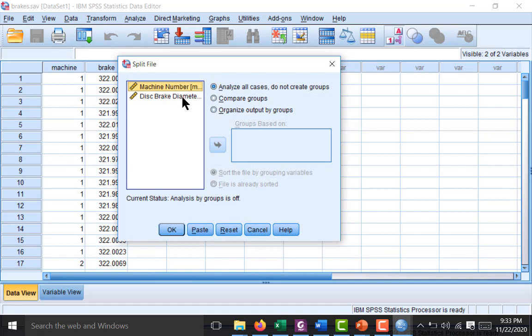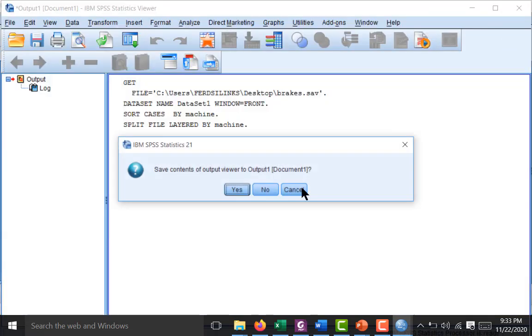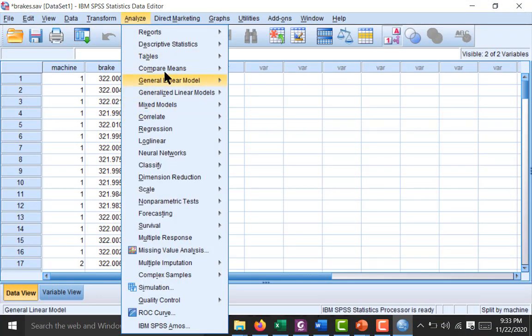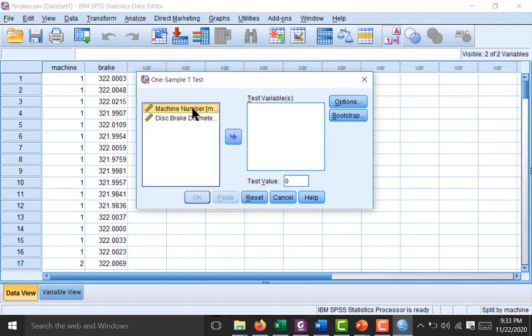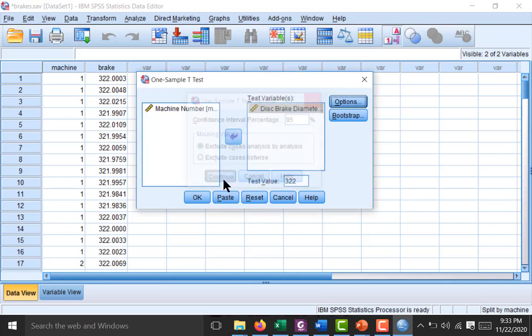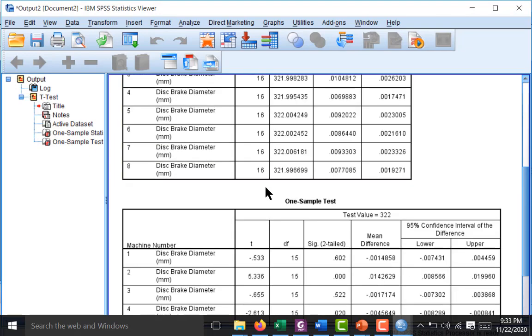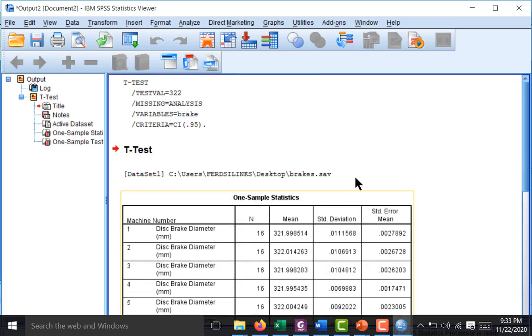Since I'm splitting by the number of machines I want to compare, I take compare and put it here, and I take OK. My data has been split, and I need now to go to Analyze, Compare Means, One Sample T-Test. I bring my test variable and I put the expected test value, which is 322. We are testing at 95, it's okay, you take OK. And you have your results, same as we had explained in our previous lecture.